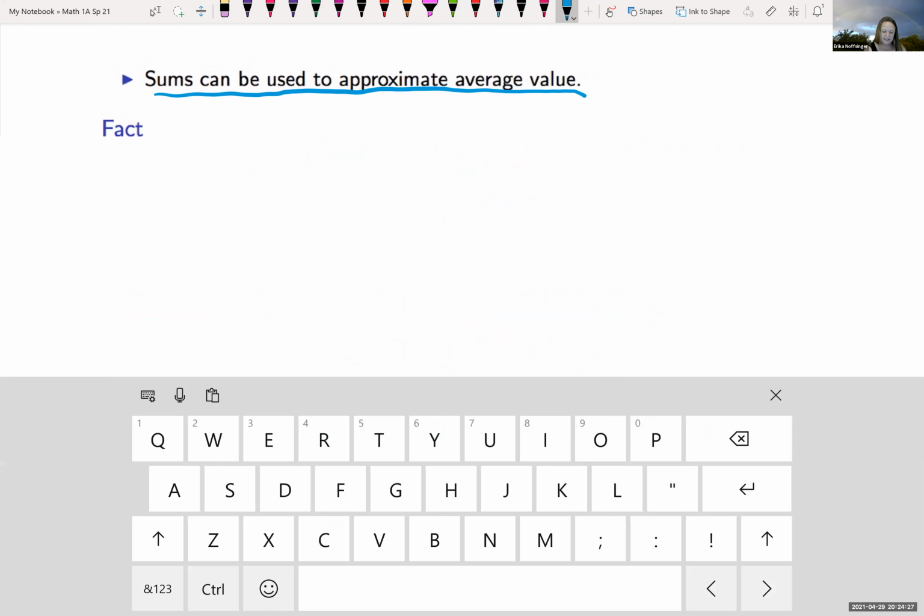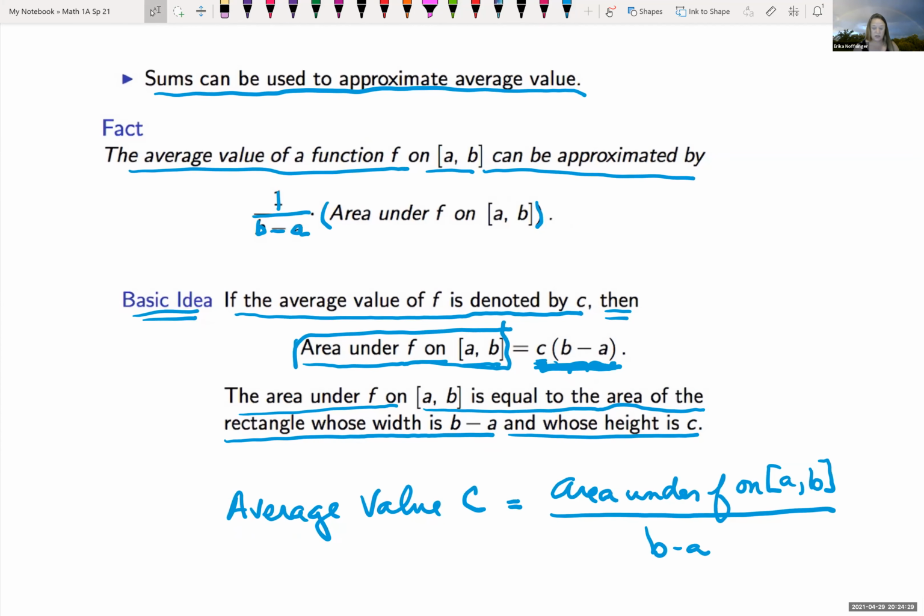We're going to see this soon next week when we talk about definite integrals, and we'll be able to find the exact average value. Right now, we just have to use the estimate of that area under the curve by doing what we're doing with the rectangles. So let me pull out an example for us to do.